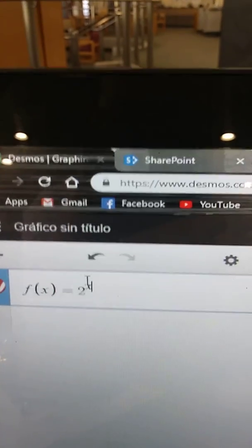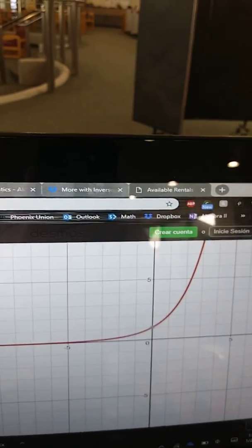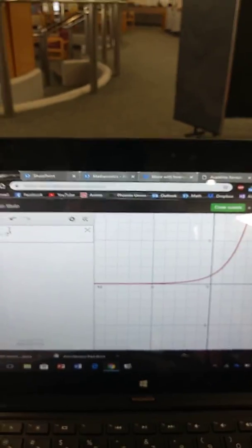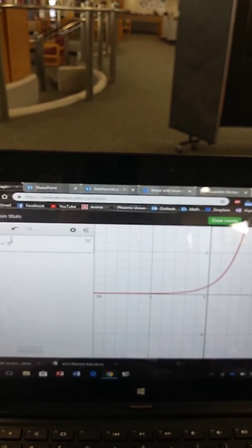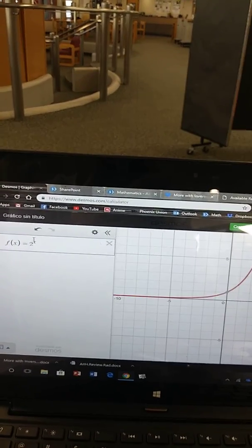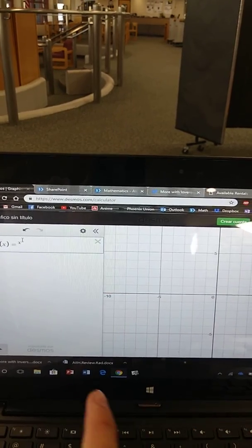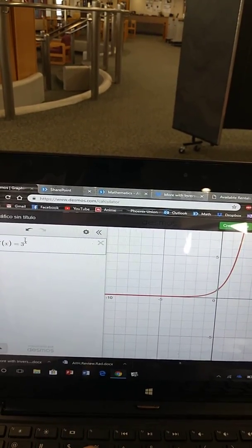Let's go to the graph over here. You have here the graph of, again, 2^x, and that's how it looks. But let's change that 2 to a different value. Let's make it 3. The graph looks exactly the same.